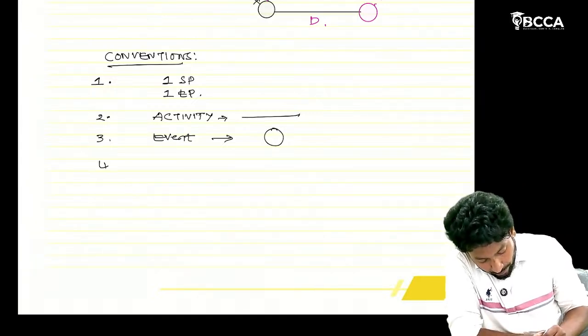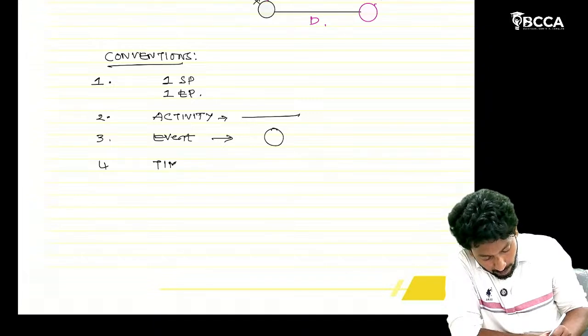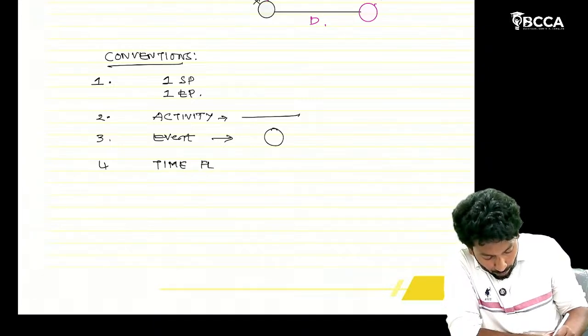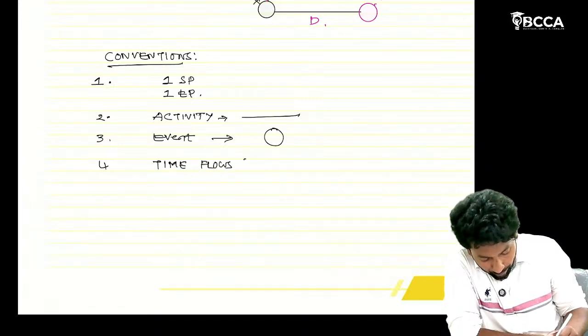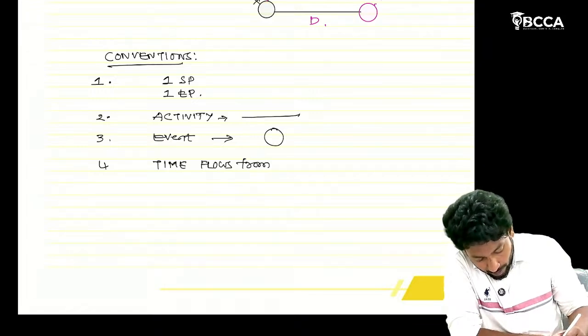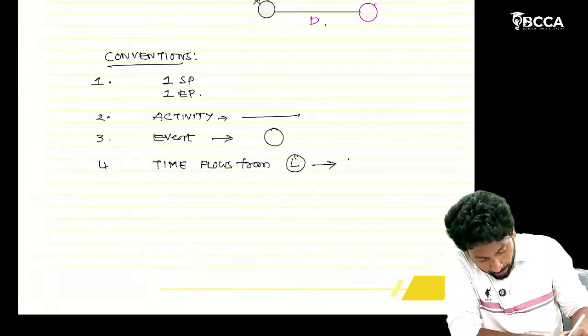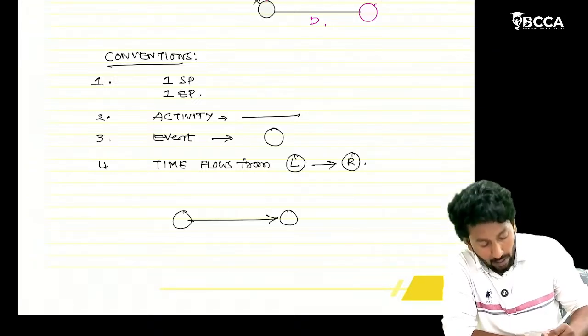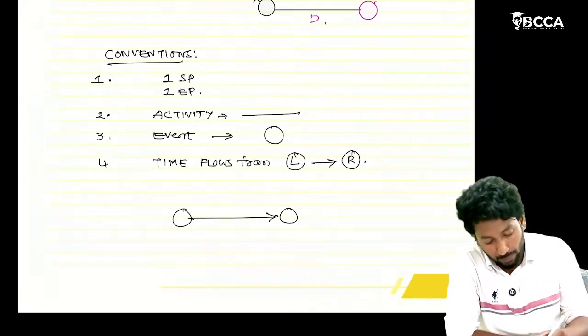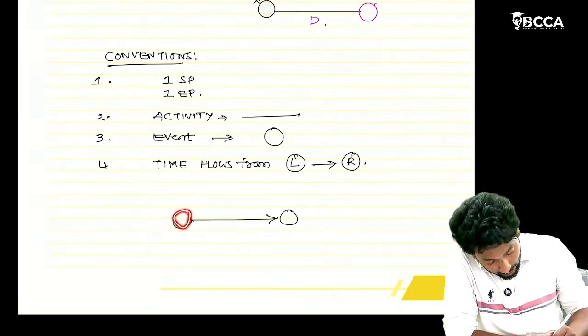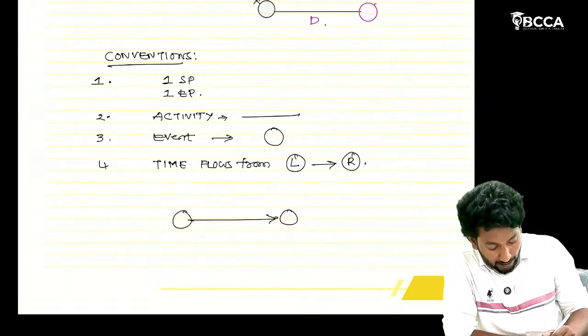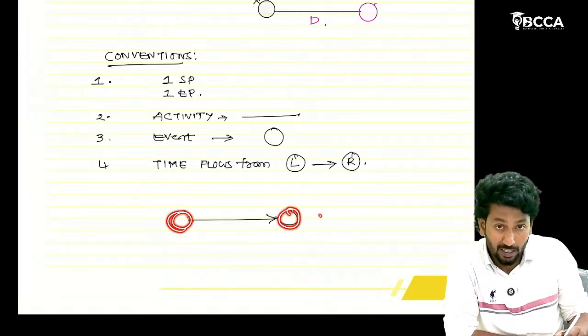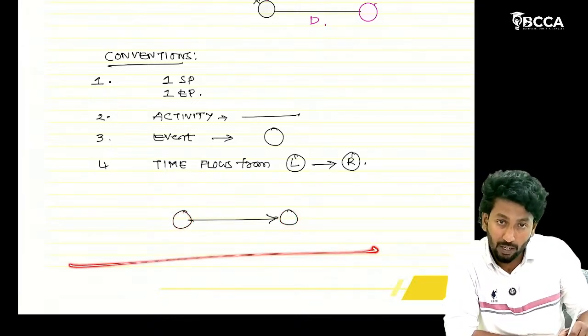Next, time flows from left to right, sir. That's why we are drawing an activity like this. We write arrow diagrams from left to right. That means an activity starts here and ends here, with the starting point at the left and the ending point at the right. Time flows from left to right.